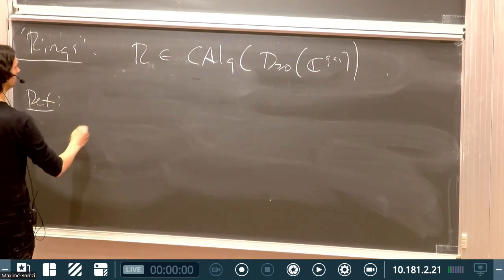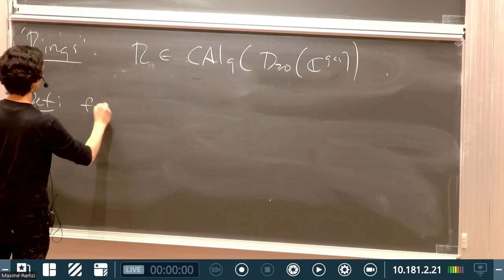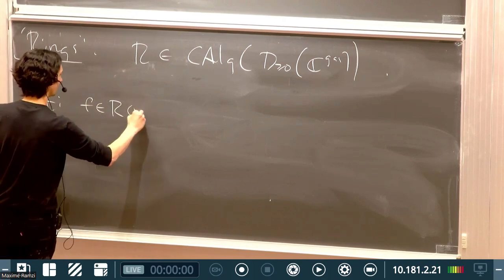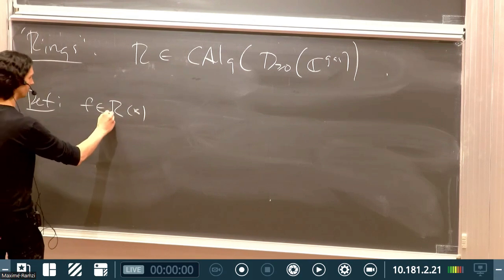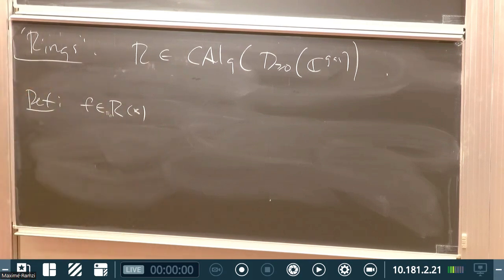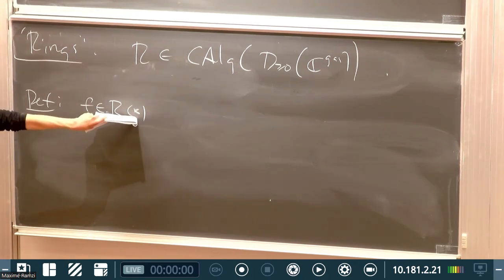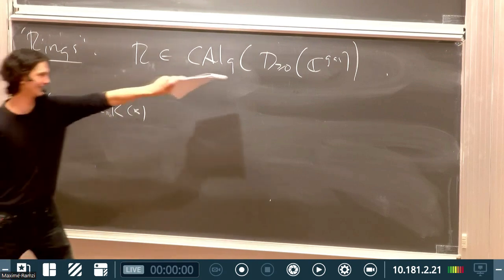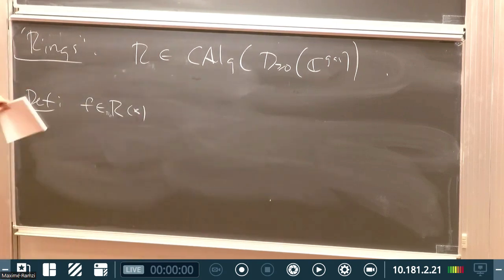So F in R. Really I should put a pi 0 here because R could be derived, but it has an underlying ring, which is R of a point in this condensed framework. That's not really a ring because it's derived, but the pi 0 of the underlying thing is just a usual C algebra.